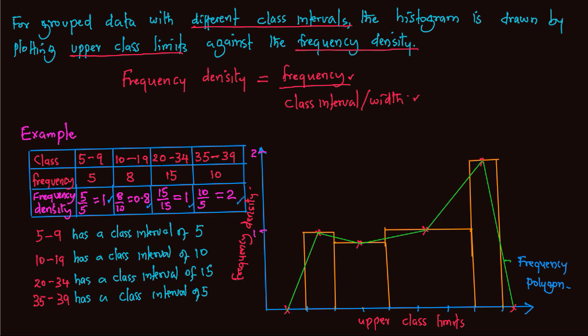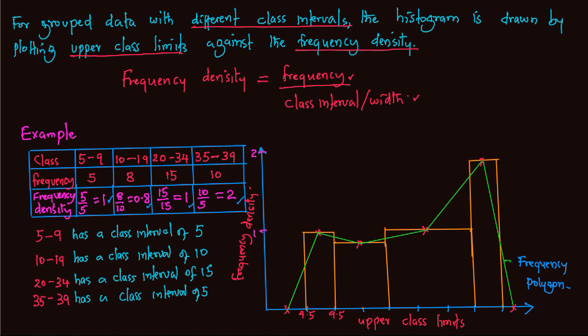So we plot the upper class limits against the frequency density. For the first class, this is the class 4.5 to 9.5.